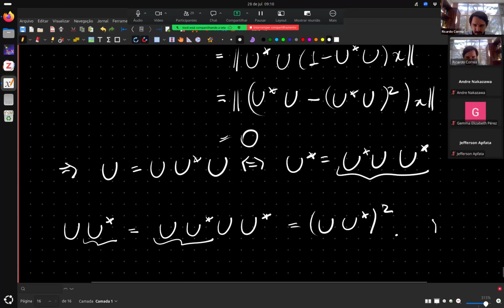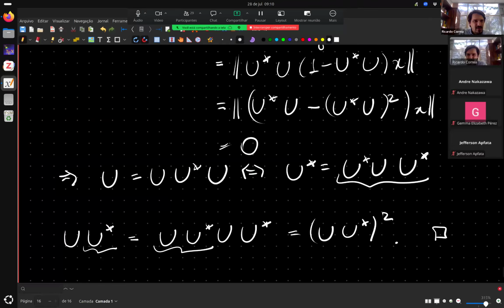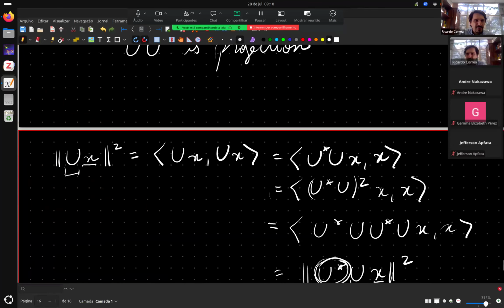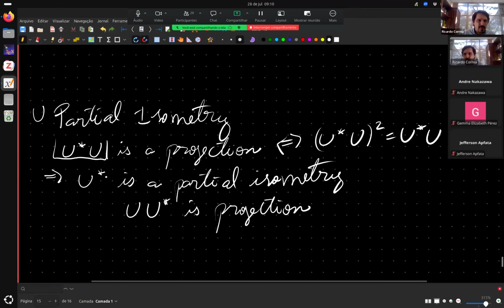Okay, so that basically finishes my proof, even though I have never really stated any theorem. But that's just to say, if U star U is a projection, U star is also a projection. And again, since U star U and U star are self-adjoint, they are automatically orthogonal projections.